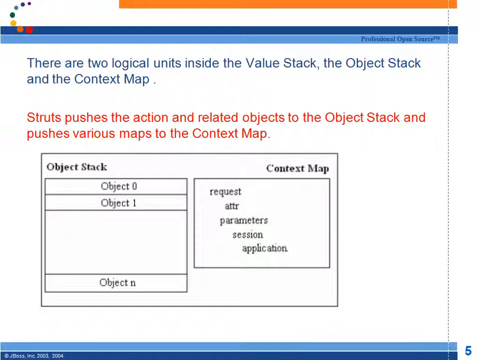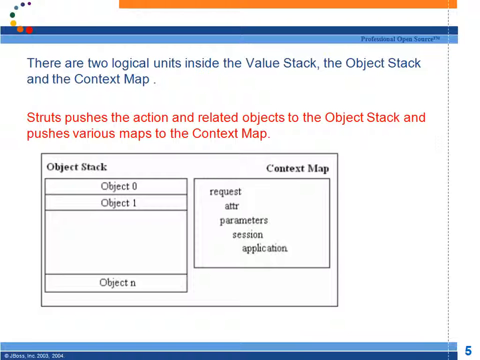Okay, as I told, there are two logical units inside the value stack. First one is the object stack, and the other one is the context. Struts pushes the action and related objects to the object stack and pushes the maps to the context map. So you put action objects and some objects related to the action inside the object stack, and the maps inside the context map.